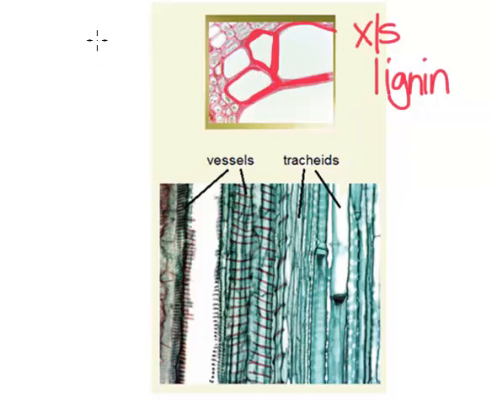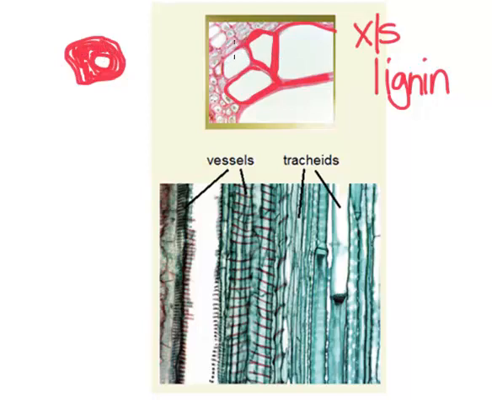That was because the sclerenchyma cell wall got thicker and thicker and thicker, and eventually the contents of the cell was restricted to a very small area, and in fact the cell died.